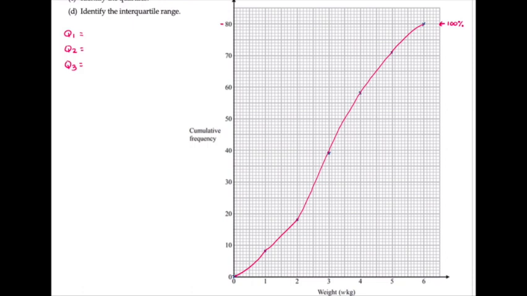I'm going to do the same thing. I'm going to look at the lowest piece of data. 0 cats, 0 weight. So that's 0% of my data. If my highest piece of data is at 80, what would be right in the middle? This would be 50% of my data here.